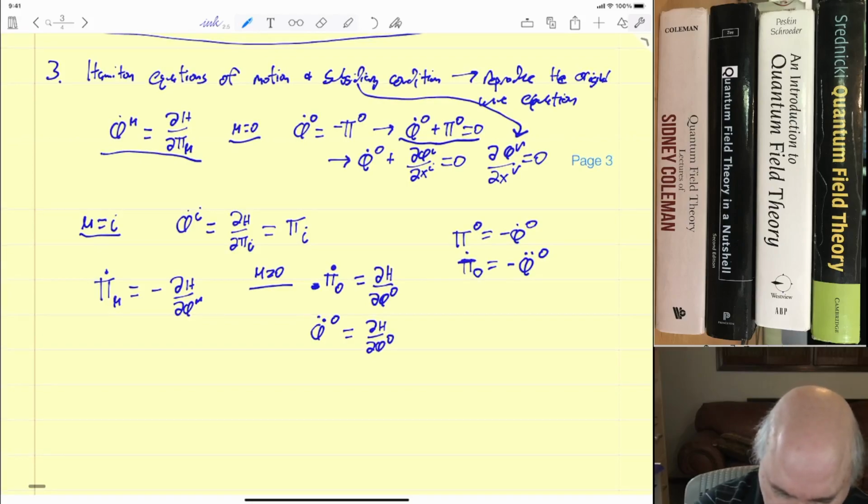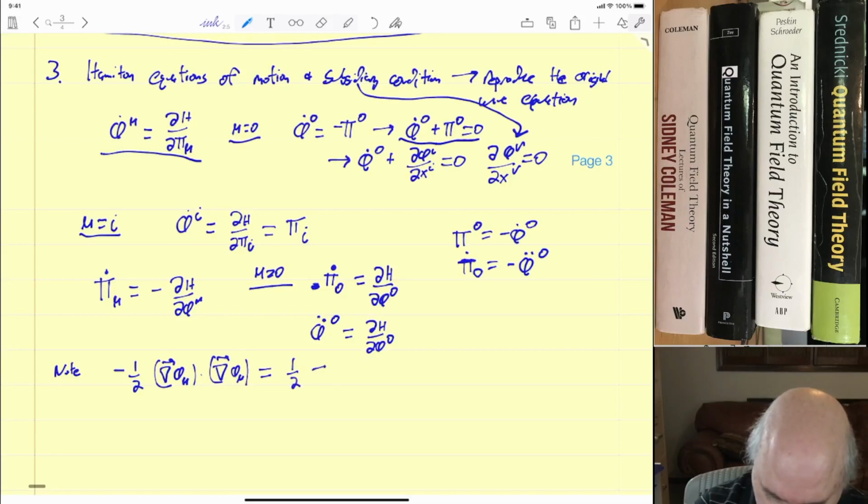And the first thing I want to do is make it a little easier. If we have a term like minus 1/2 del phi mu dot del phi mu, I can integrate by parts and just make that 1/2 del squared phi mu times phi mu.